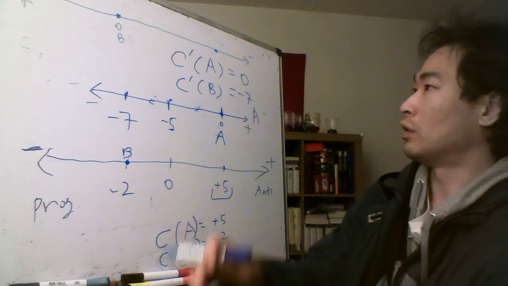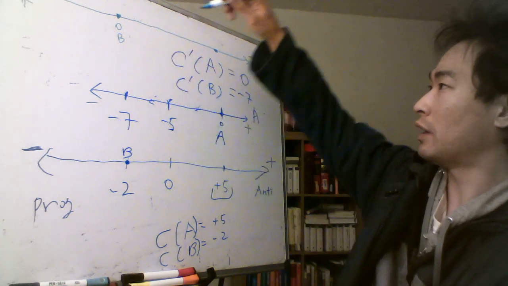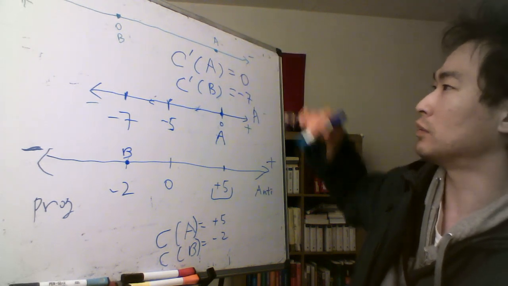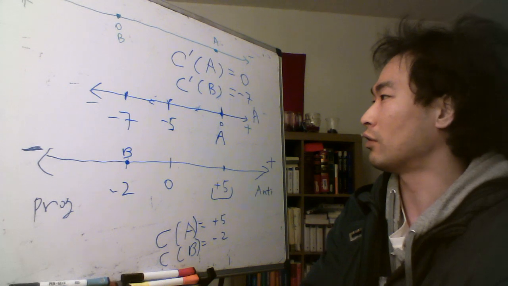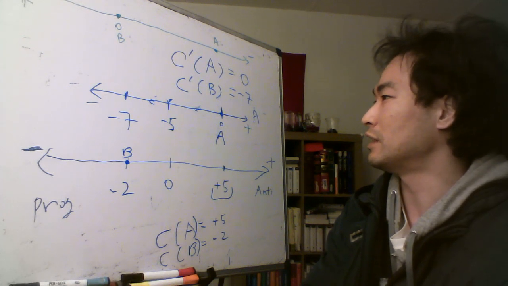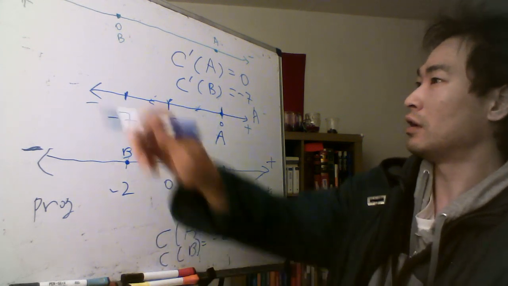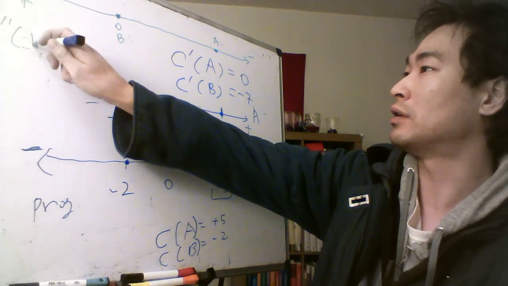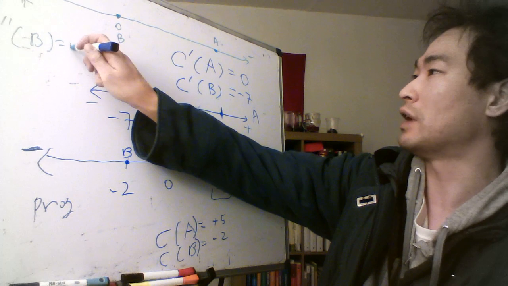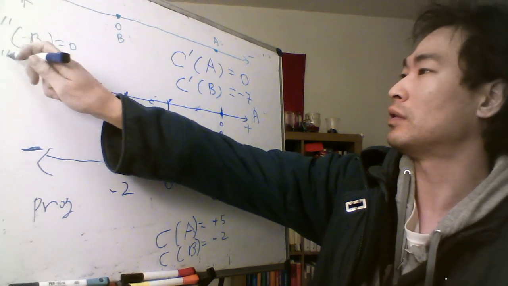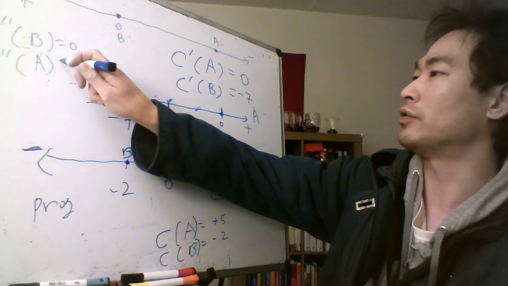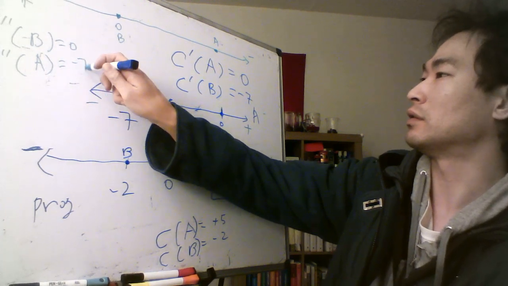So to Bob, A right here is such a horrible bigot, hater, close-minded, religious fanatic, right? So the coordinate of Bob is 0. The coordinate of A, according to Bob's point of view, is -7.